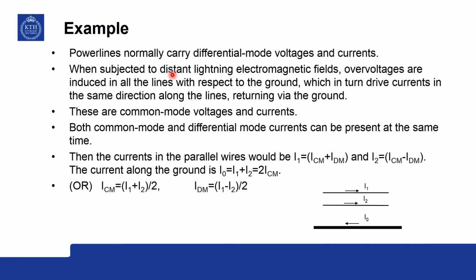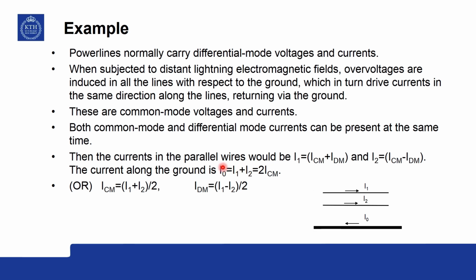So, this is one example of common mode currents in power lines. And you can have both common mode currents and differential mode currents at the same time. So, why are common mode and differential mode currents important in terms of radiation, radiated disturbance? You can see it over here.